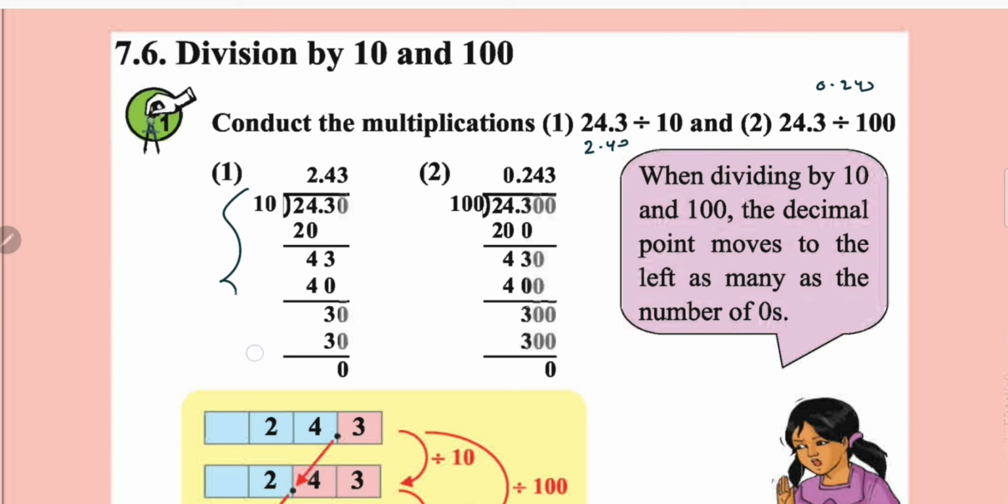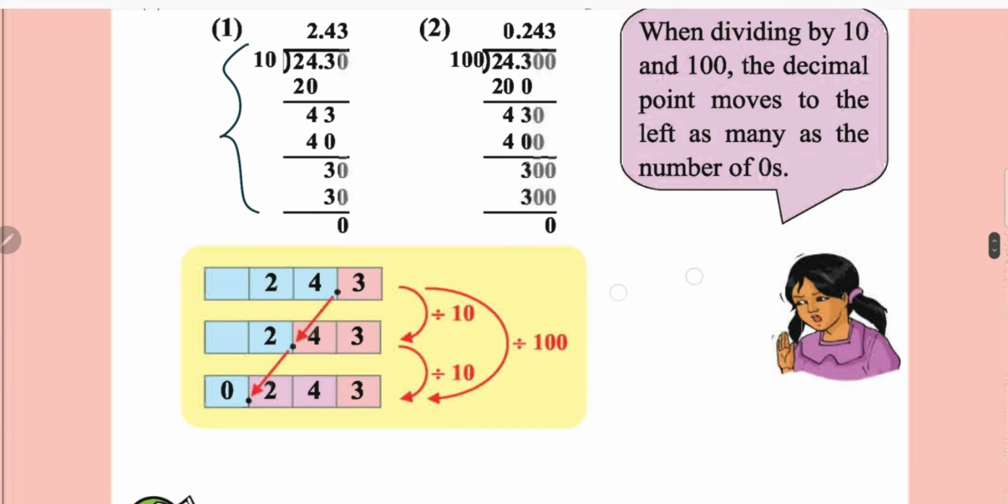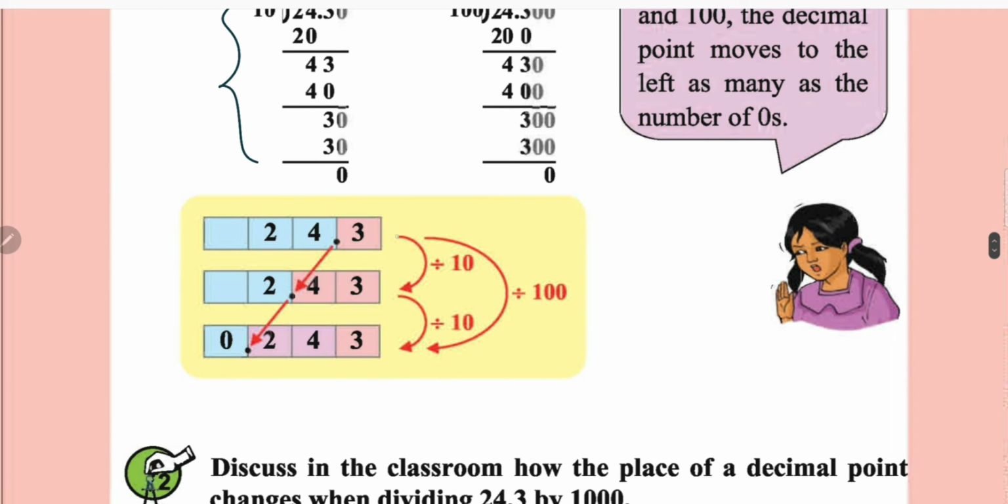That you can cross-check again with this method. So what happens when you divide by 10? The decimal point shifts towards the left by one digit. If it is by 10 again, one more digit. So from here to here it is 100. When divided by 100, the decimal point shifts by 2 decimal places.